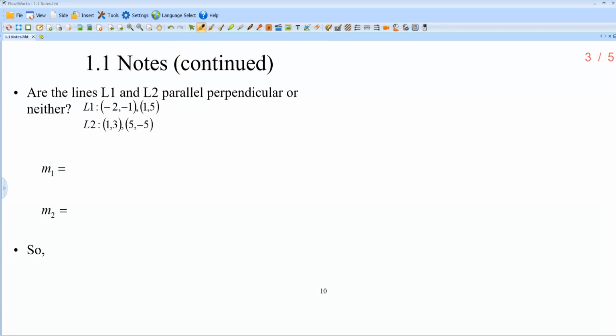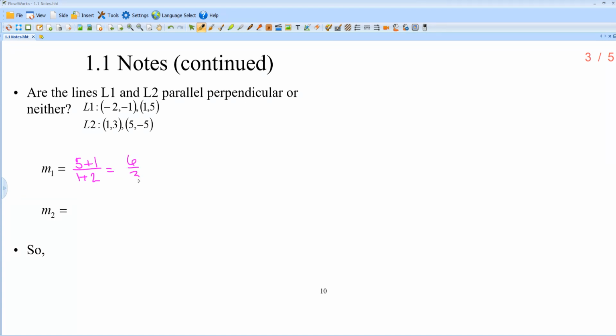Are the lines L1 and L2, which is what we're calling the lines, parallel, perpendicular, or neither? So I'm being asked whether or not we have two lines that are parallel, perpendicular, or if they have neither of those relationships. I determine that by finding the slopes of them. So I'm going to find the slope first of L1. So I'll have 5 plus 1 over 1 plus 2.